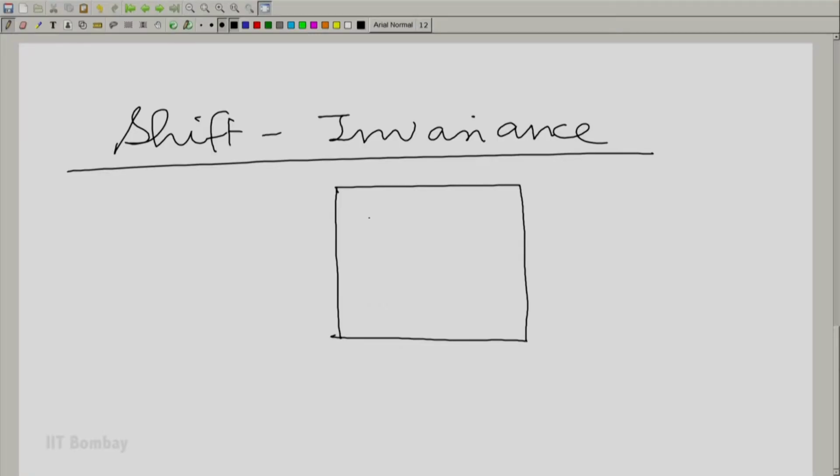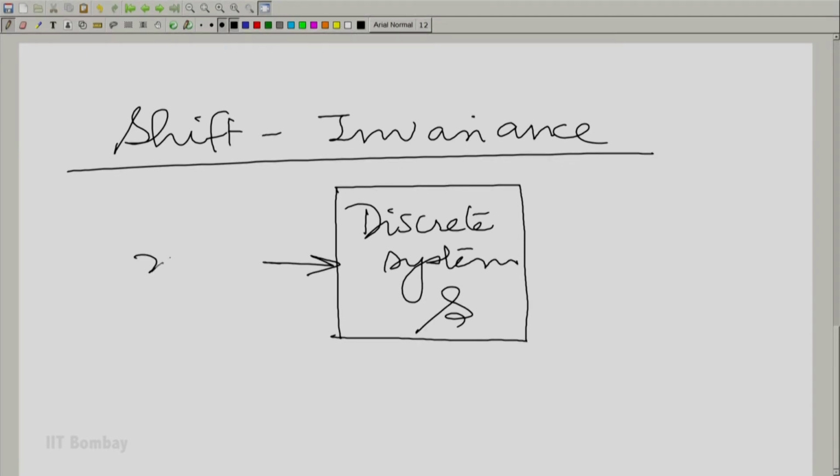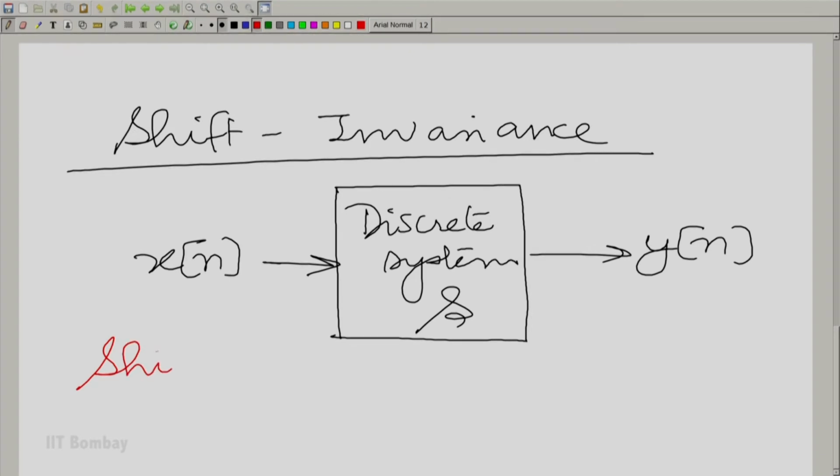So, suppose you have this discrete system S and you give to it the input x of n and observe the output y of n, and then you shift the input. By shift in the input, what we mean is we give it x of n minus d, where d is any integer.